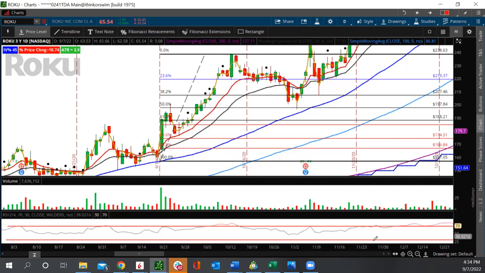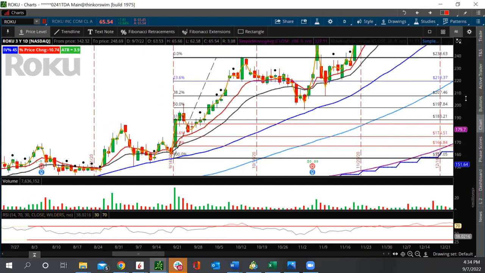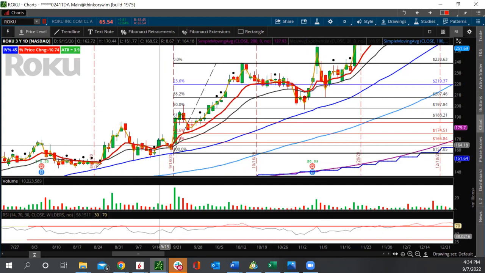When you are using this in conjunction with RSI, you can see in a couple of the examples we used right here, price gets up here, and right before it starts to roll over, you can see that it got overbought.